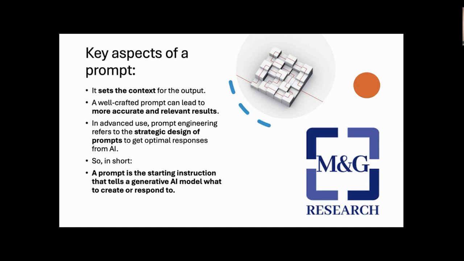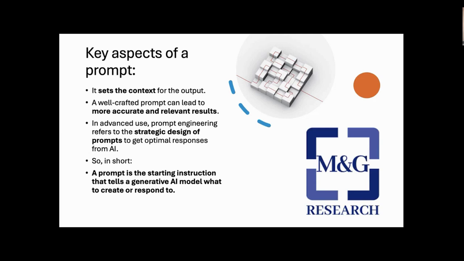So in short, a prompt is the starting instruction that tells a generative model what to create or respond to. And this is where most people fail. And this is why most people feel that generative AI hallucinates, provides fake references, and provides information that is not accurate or justifiable.